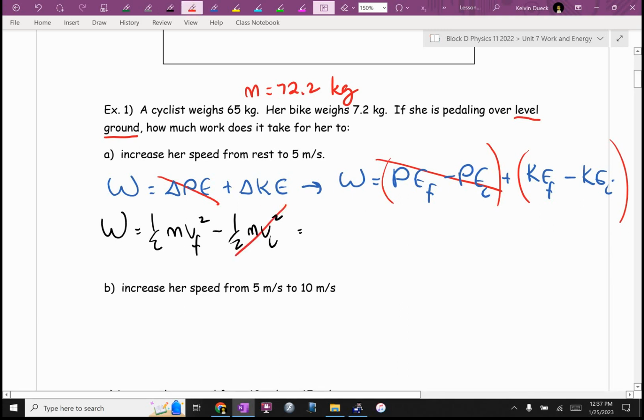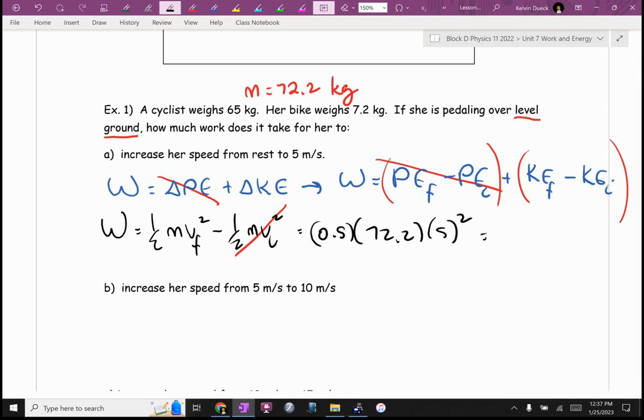So for this person to increase their speed from 0 to 5, how much energy? Let's write out the numbers. It's going to be 0.5 times 72.2 times 5 squared. Josh, what'd you get? Give it to me to all the sig figs in all its glory, because we're going to compare this.